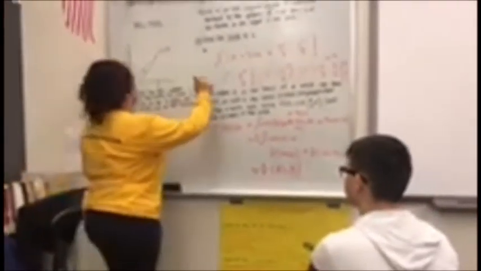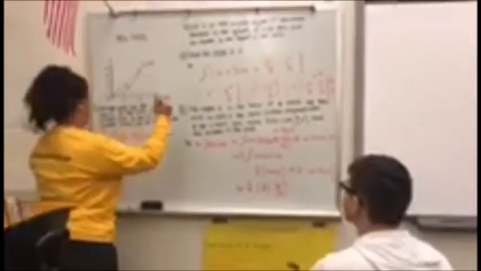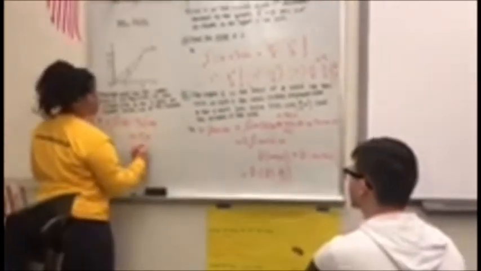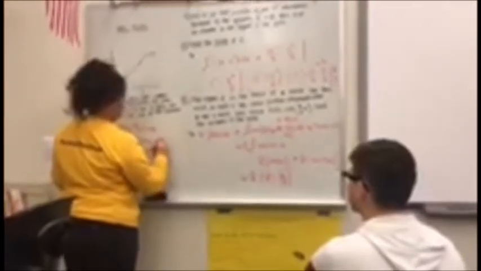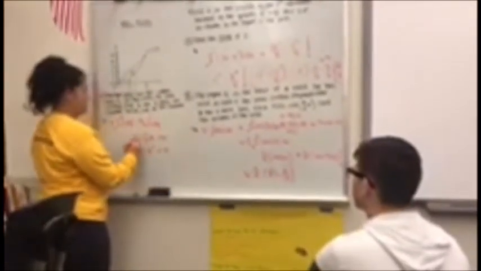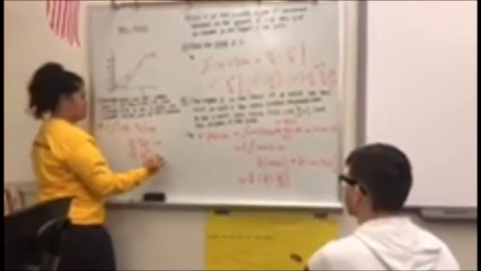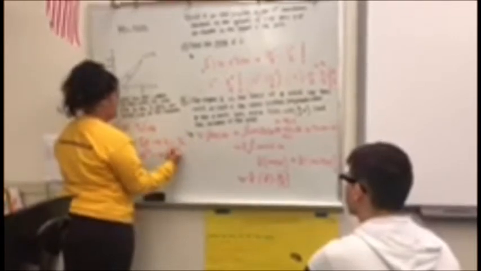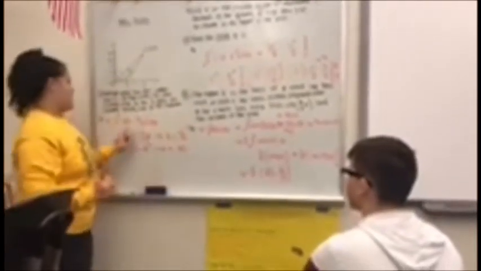Okay, but we need this in terms of y. So this y equals 2x up there, and y equals x squared. You would have to set it so x is on the other side. So you would divide by 2, right? And you would square root. And that's how I got x equals y over 2 and x equals square root of y.